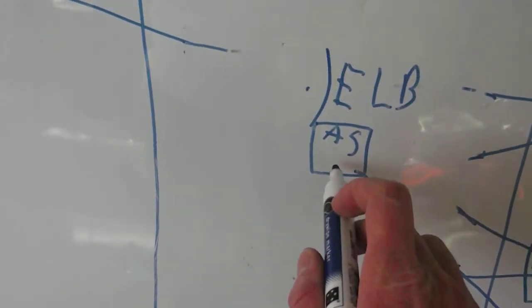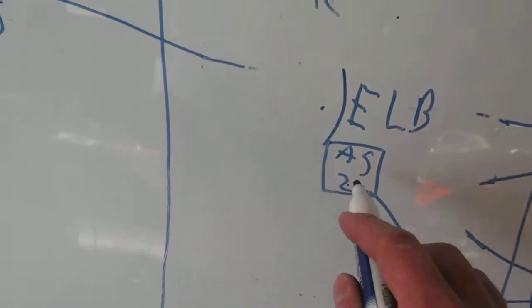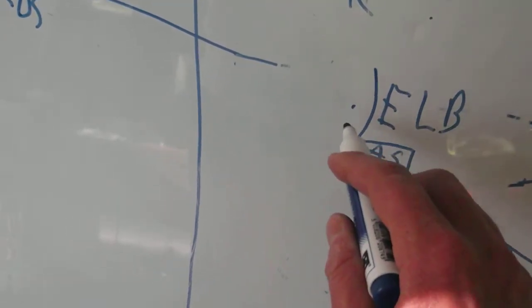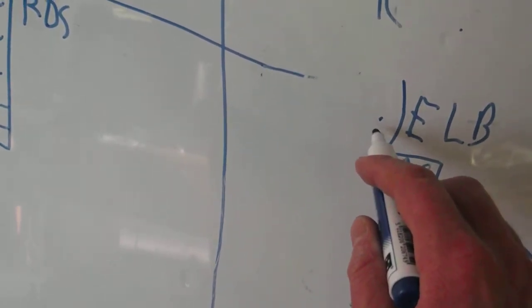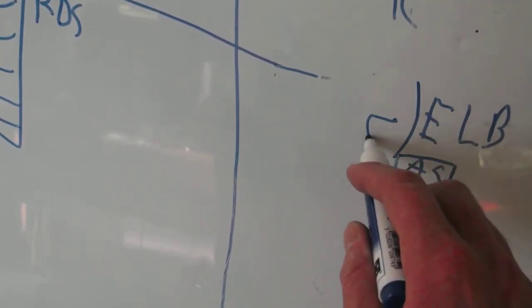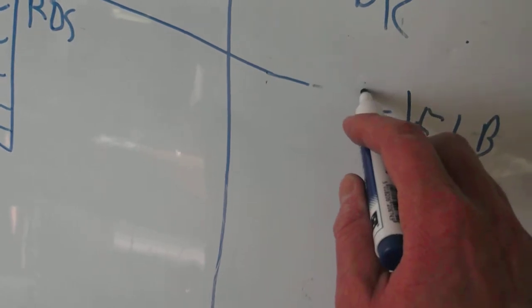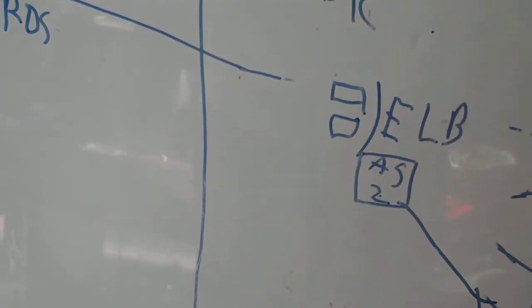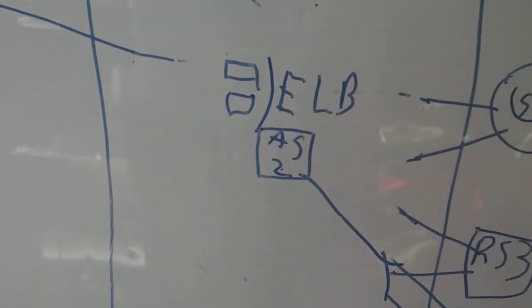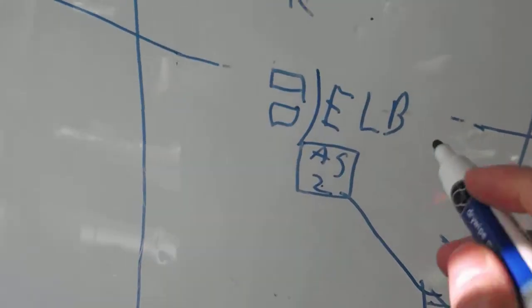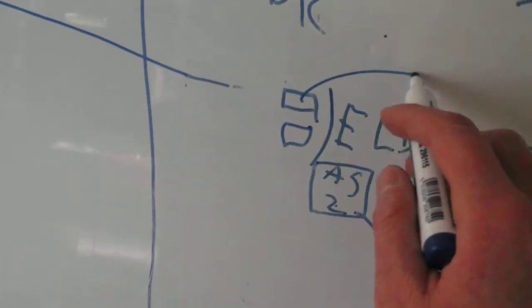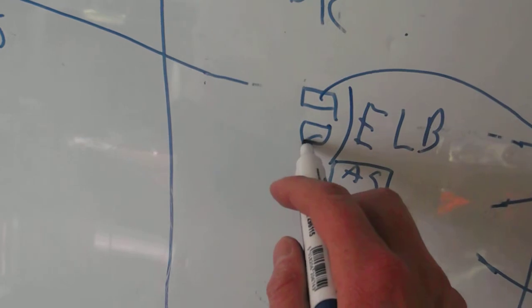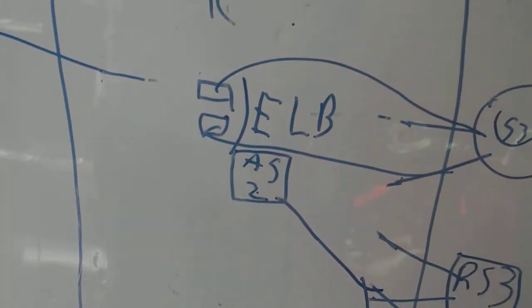We're going to give it a minimum value of 2. That means that within this ELB we have to have at least two instances at any given time. So it's automatically going to spin up 2 instances straight off the bat. And these instances will immediately be pulling static content from S3, because we've already set it up to do so.